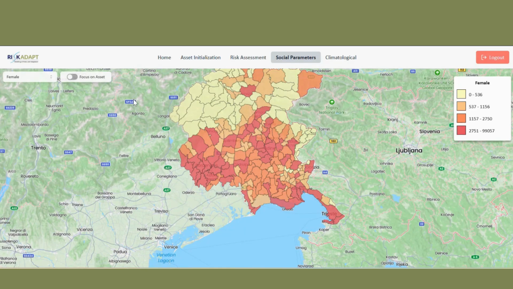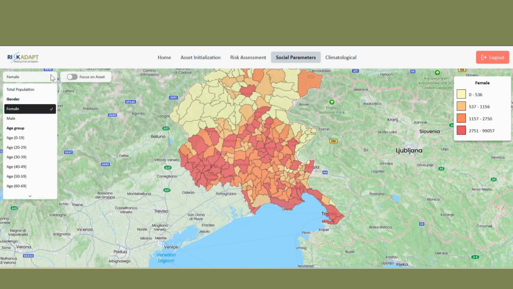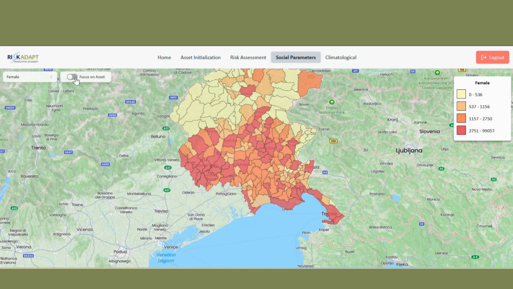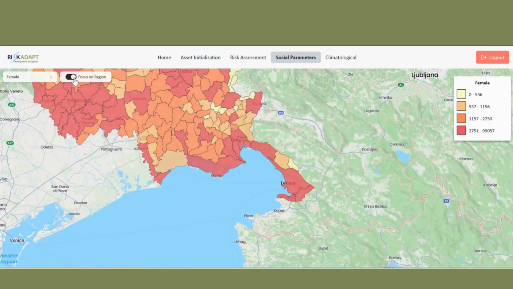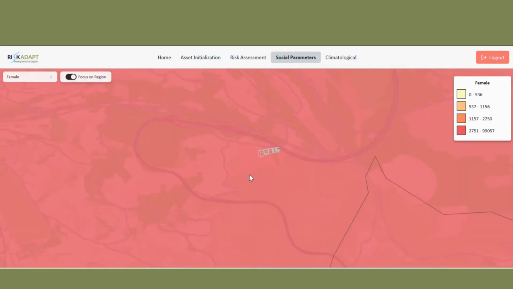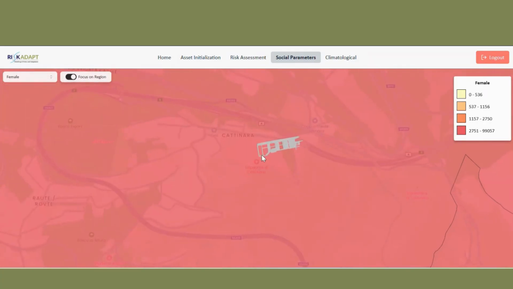Here you can display the relevant parameters. There are various parameters related to social and demographics, and also if you would like to have a focus on the asset, you can also see the exact area of the asset.